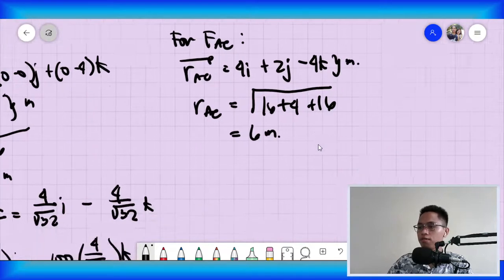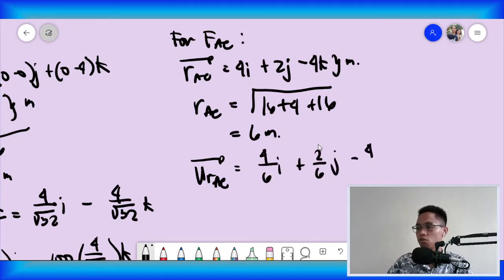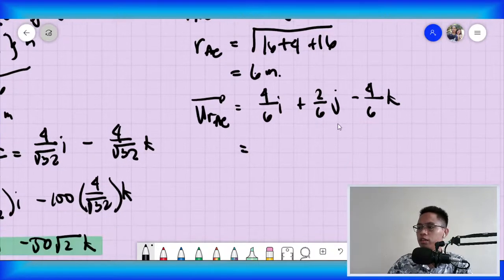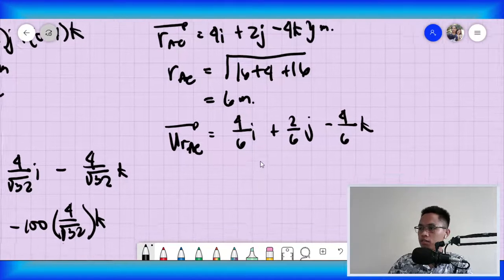Okay, so for the unit vector, let's go straight, the unit vector of RAC is equal to 4 over 6i plus 2 over 6j minus 4 over 6k. That is over the magnitude. So, therefore, we can leave it like this, no need to simplify, to make it easier, especially if you are time pressured.